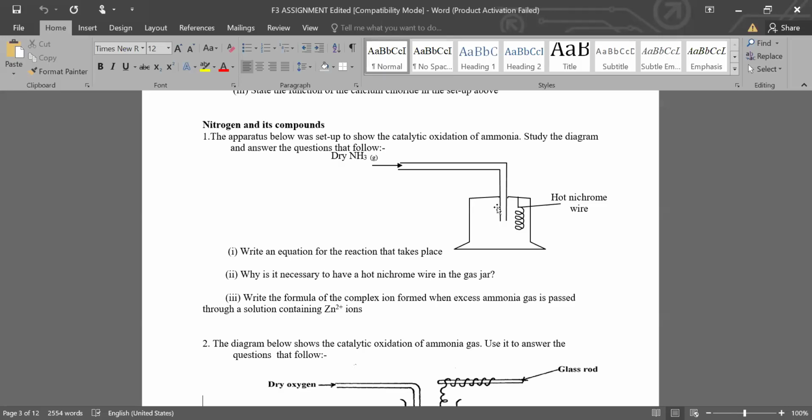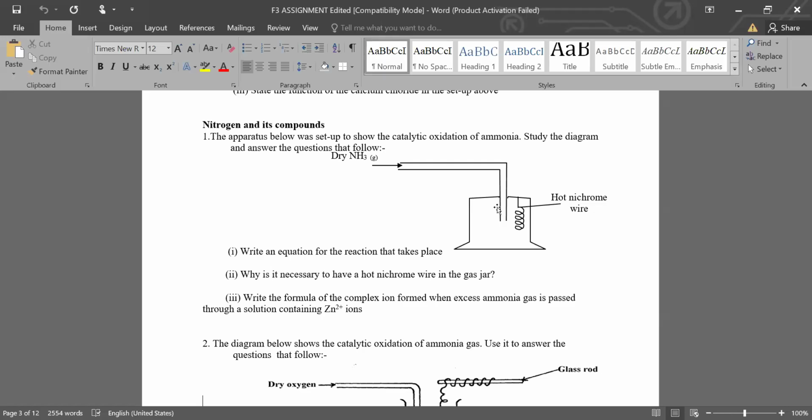So we are going to have ammonia reacting with air in presence of the nichrome wire, which is acting as a catalyst. When ammonia is oxidized through a catalyst, nitrogen 2 oxide is formed. So we are going to form nitrogen 2 oxide and water.